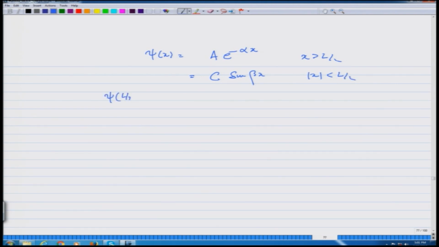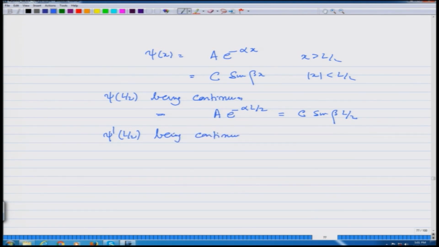So, psi at L by 2 being continuous implies a e raised to minus alpha L by 2 is equal to c sine of beta L by 2, and psi prime at L by 2 being continuous implies minus a alpha e raised to minus alpha L by 2 is equal to c beta cosine of beta L by 2. This is equation 1, this is equation 2.